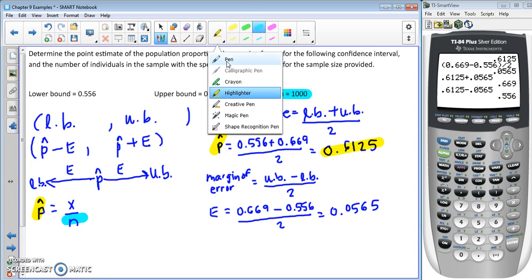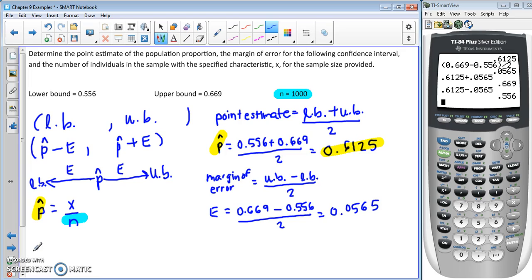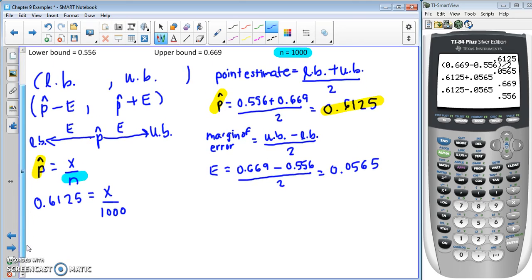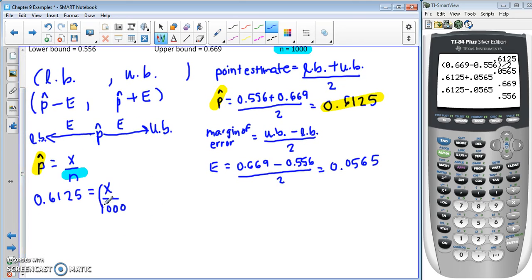So let's do that. P hat is 0.6125, we're looking for x, and n is 1,000. If I multiply both sides by 1,000, I can solve for x.